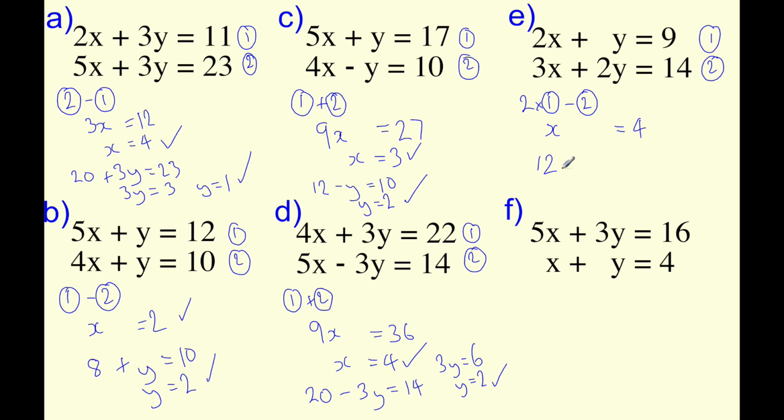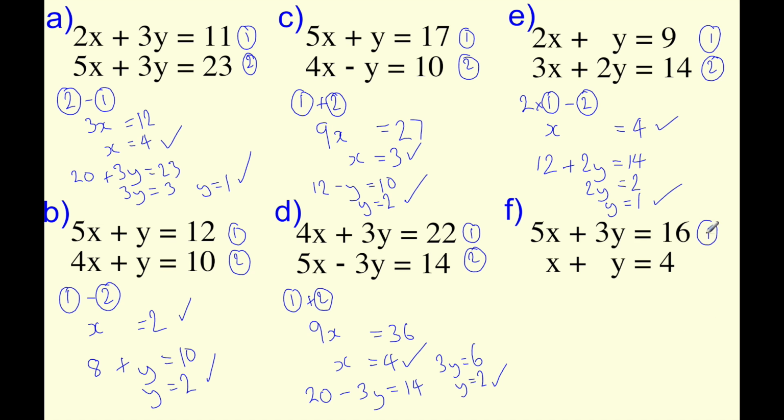So we've got 12 plus 2y is 14. So we can see that 2y is equal to 2. So y must equal 1. Let's just check that in the top here. So we've got 2 lots of 4 is 8, plus 1 is 9. So yes, those are correct.